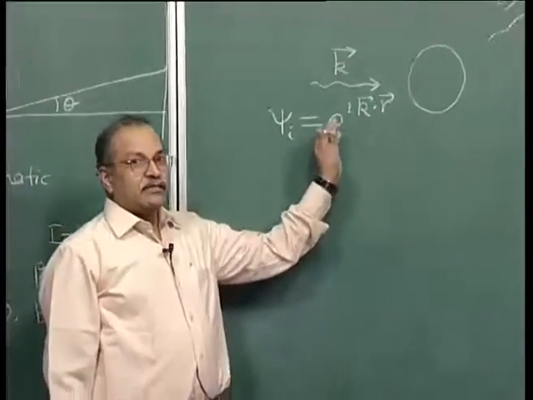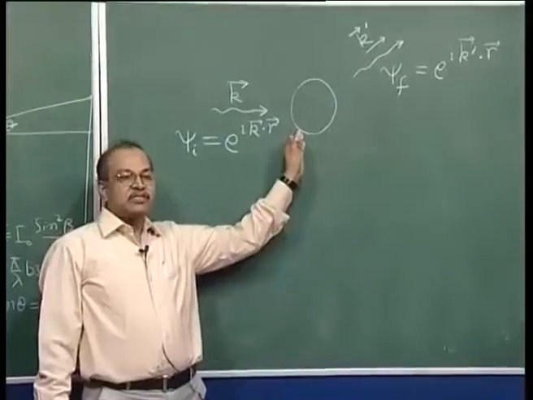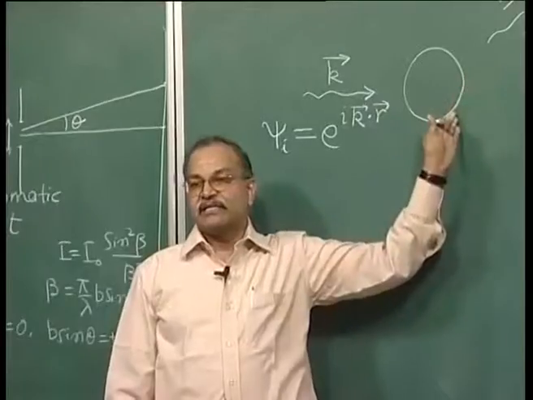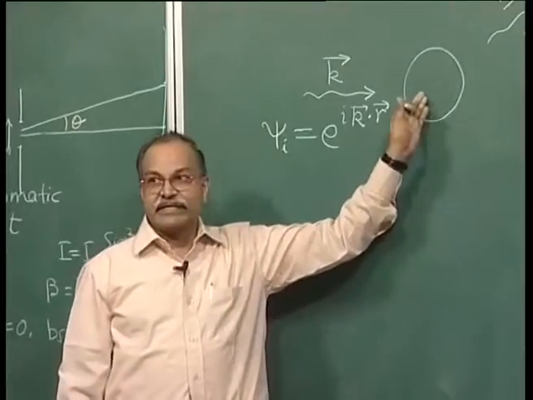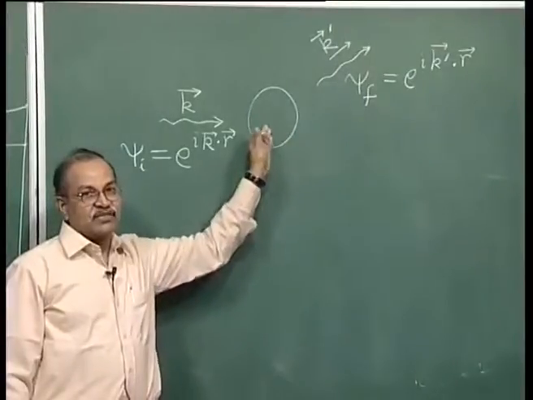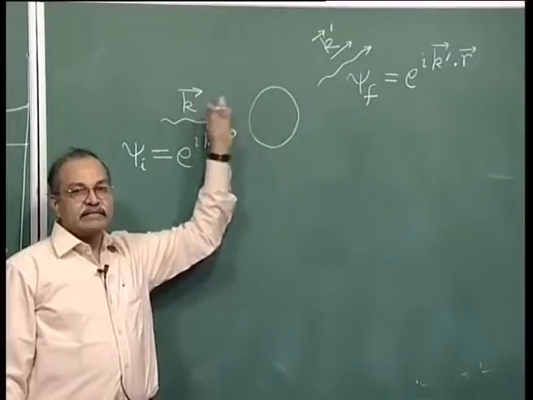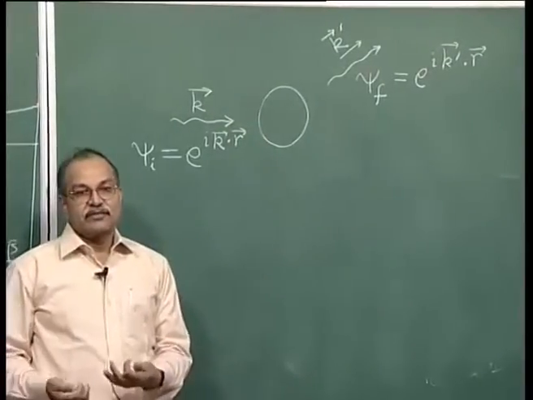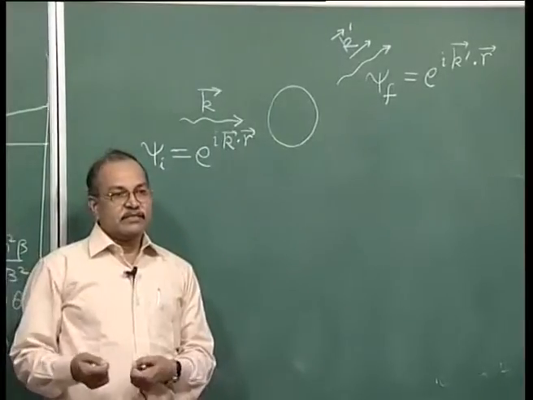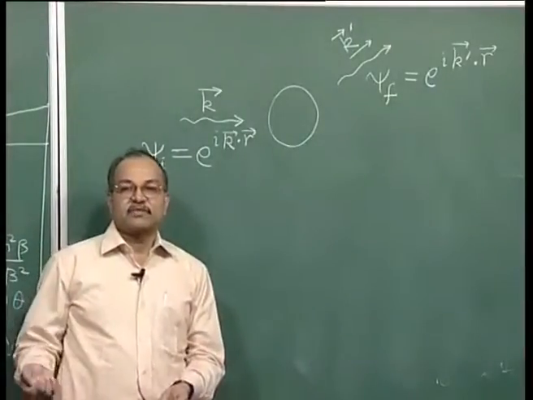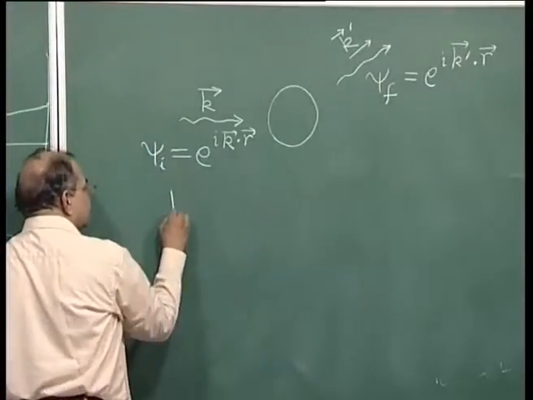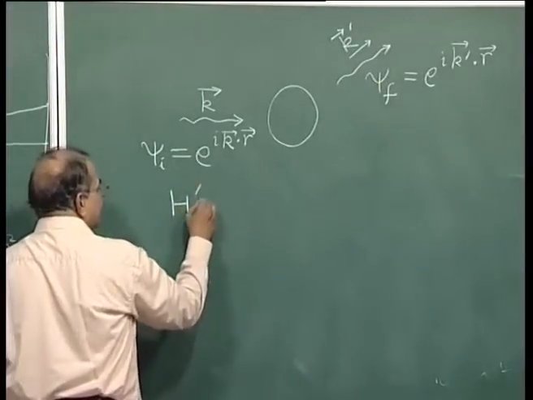Okay. And what made this change? Electron wave function going from psi i to psi f, what is that interaction? So, that interaction is here between the charges of the nucleus and this electron, and this interaction is just a Coulomb interaction. Electron does not exert any nuclear force or strong force or things like that. This interaction energy, let me write it H prime.